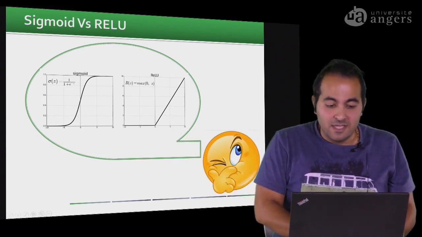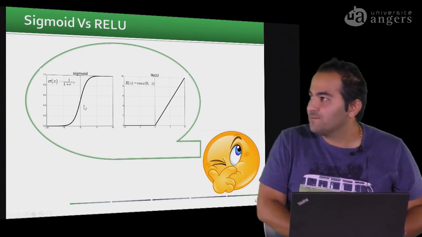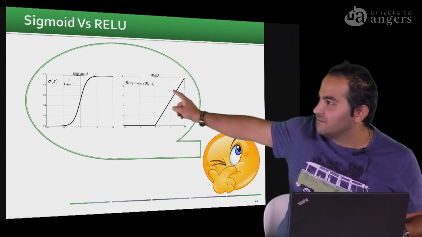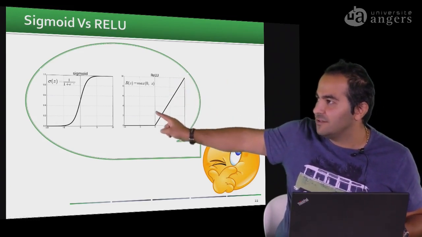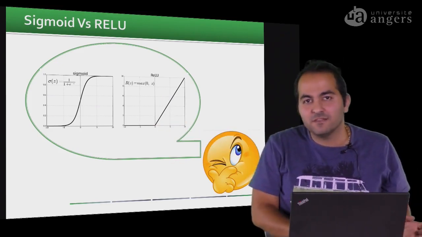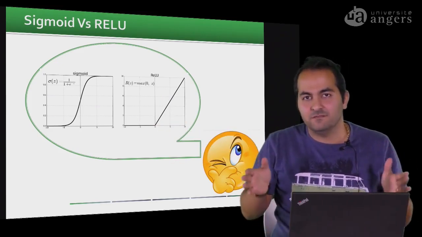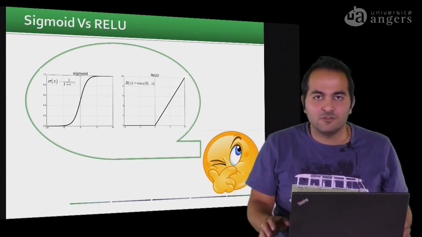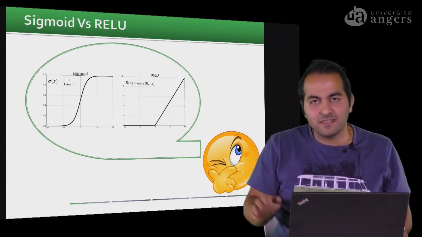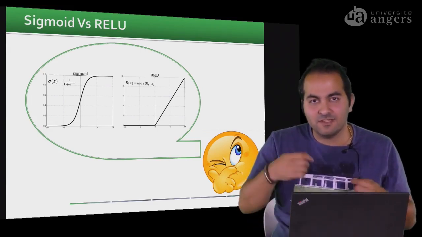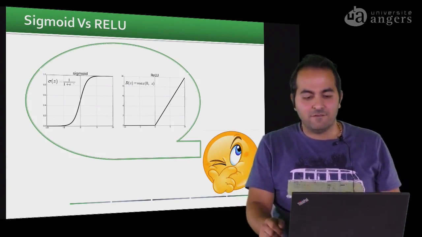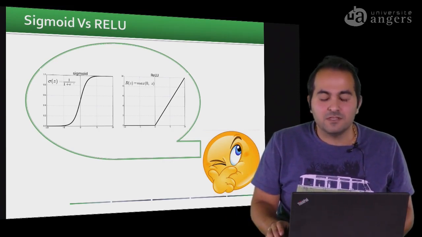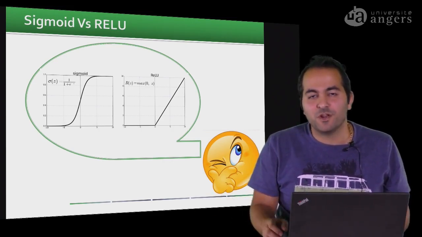Here you see the sigmoid function at the left side, and here you can see the ReLU function. The difference with the ReLU function is that any value less than 0 will be equal to 0, and values of more than 0 keep their value. Why is it useful for us?